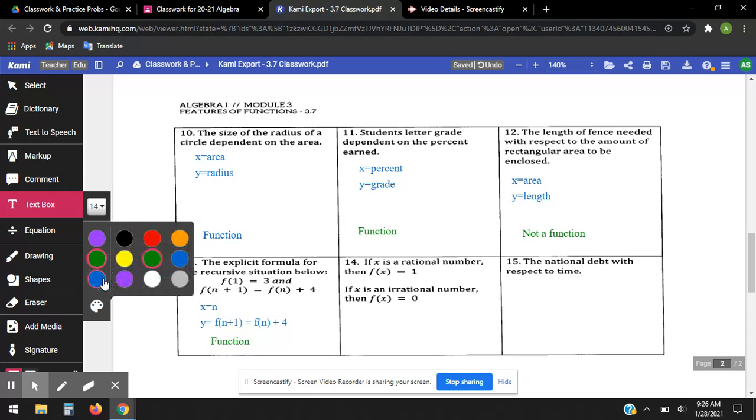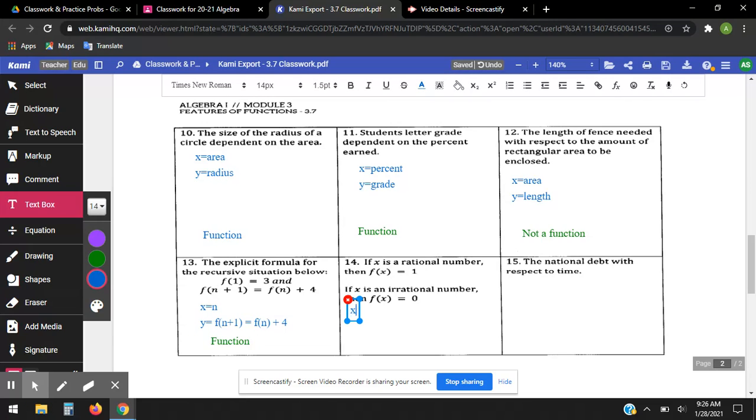14. If X is a rational number, then f of X equals 1. If X is an irrational number, then f of X equals 0. So my X values would be rational numbers, actually any number, right?